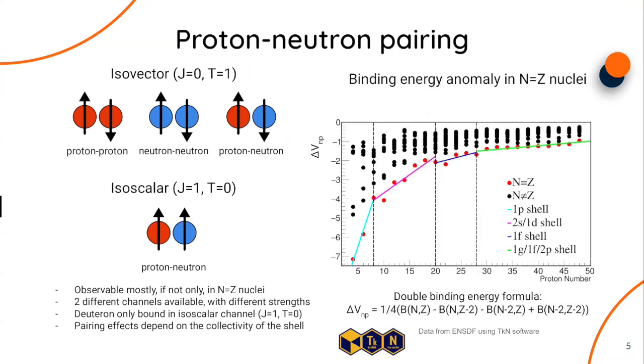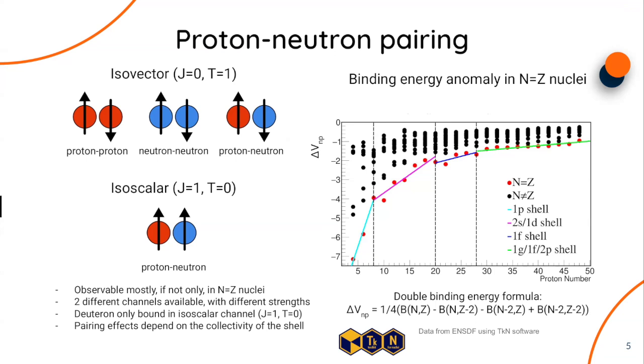Because it should show the maximum effect the bigger the shell is. To give some example of how we could try to understand the pairing, you may know that since pairing is a collective effect, it increases the binding energy of nuclei. We see that, for instance, in the difference of binding energy of odd and even nuclei. Here I'm showing an example of the binding energy anomaly in N equals Z nuclei. It is a difference of binding energy that we get by adding or removing a neutron-proton pair.